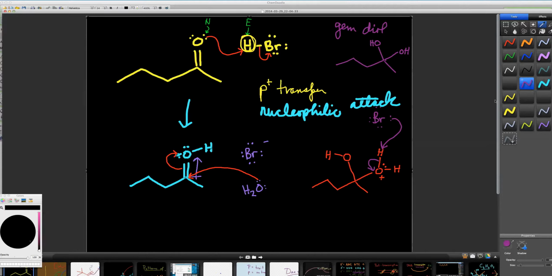And in our third step, we have yet another proton transfer. So 2/3 of our steps are proton transfers in this mechanism.